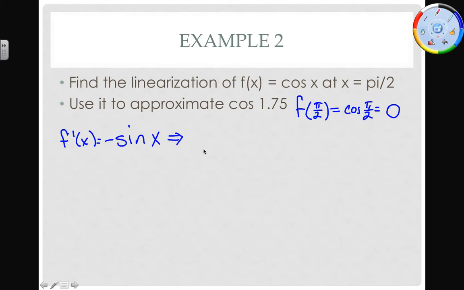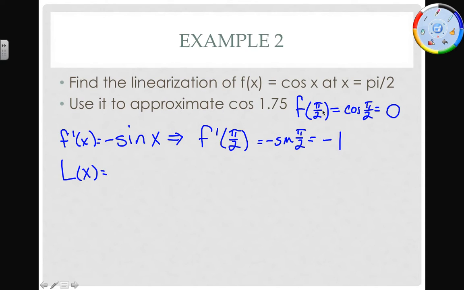And notice this process is exactly the same, just a different function. Now I need to find f prime of pi halves, which is the negative sine of pi halves, which is, sine of pi halves is normally 1, negative of that makes -1. And then I get to do this pretty simple L of x.